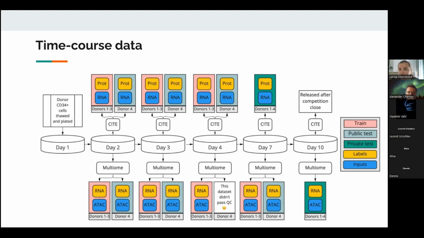So in this petri dish, they were alive and they actively divided, as far as I understand from the description of this competition, till day 4, the day 10, sorry, and they took the samples on different days. So I suppose this circumstance will influence our result, because the culture conditions are not perfect, so we cannot actually suppose that the cells will be just the same cells on all the days.